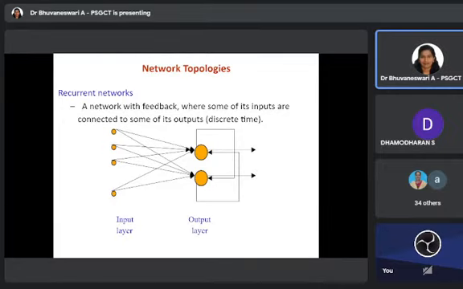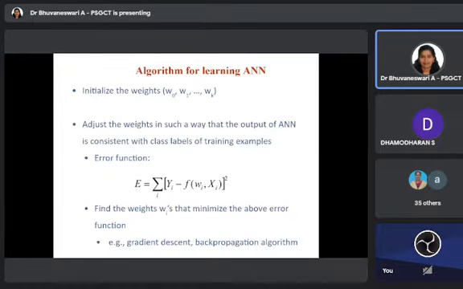And so the basic algorithm that is used for learning an ANN is, any algorithm that is designed, this algorithm is the functional description of the neural network.